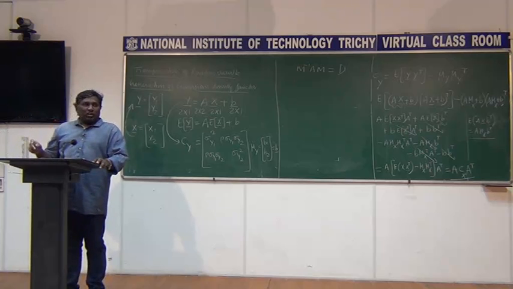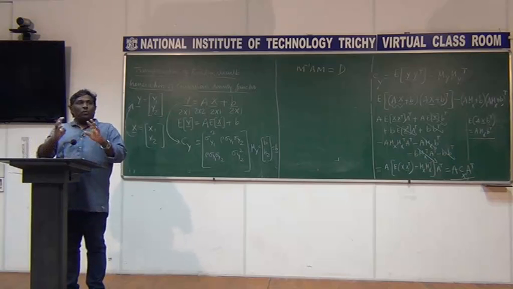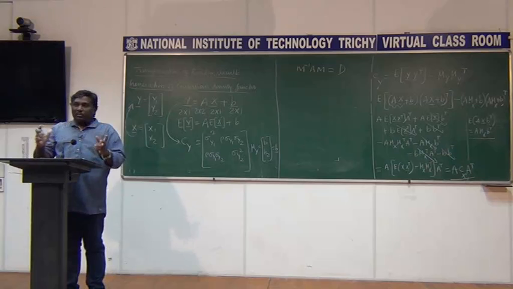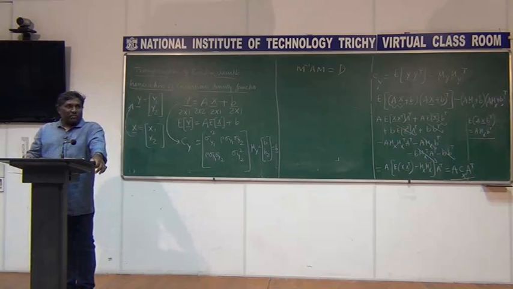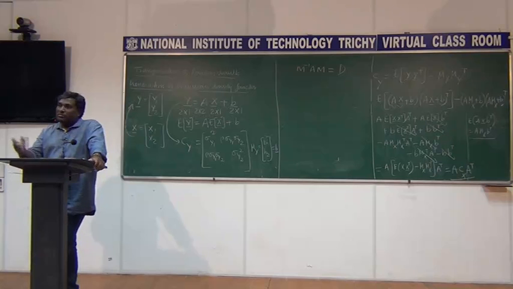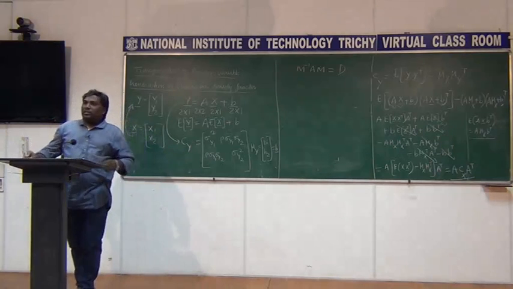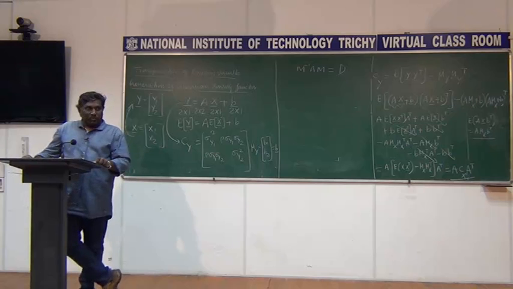Not all matrices are diagonalizable, but some families of matrices having certain properties are. For example, a symmetric matrix is diagonalizable. Here the covariance matrix is symmetric, so we can diagonalize this Cy.